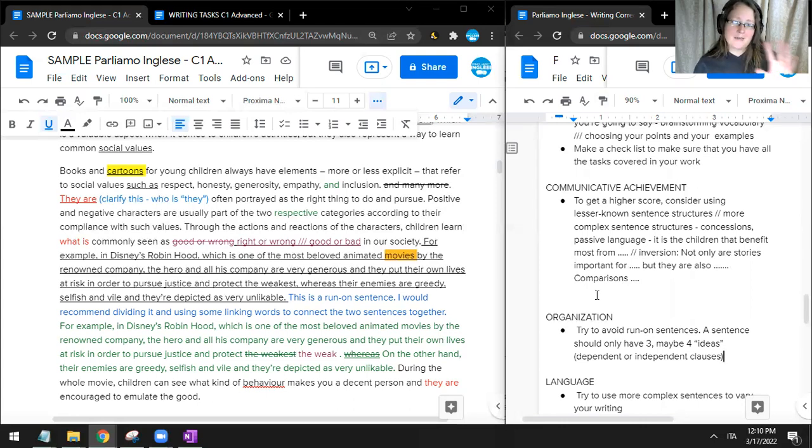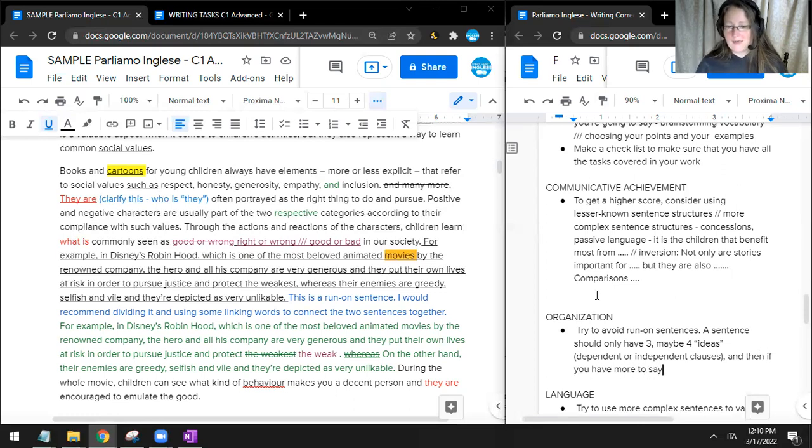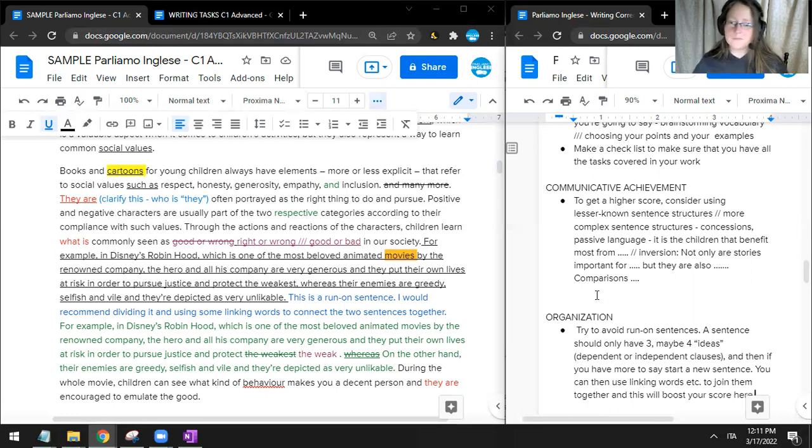But yeah, 3 big ideas. A sentence should only have 3 or maybe 4 ideas. And then if you have more to say, start a new sentence. You can then use linking words, etc., to join them together, and this will boost your score here.